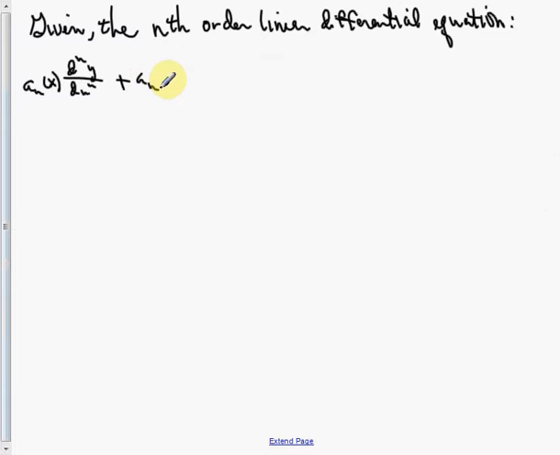Plus a sub n minus 1, these coefficients are functions of x, times the n minus 1 derivative of y with respect to x, the d to the n minus 1 y over dx to the n minus 1, plus, and so on, plus a naught.